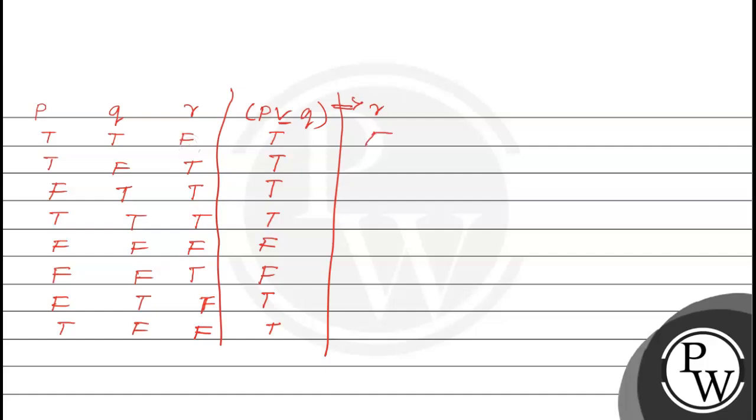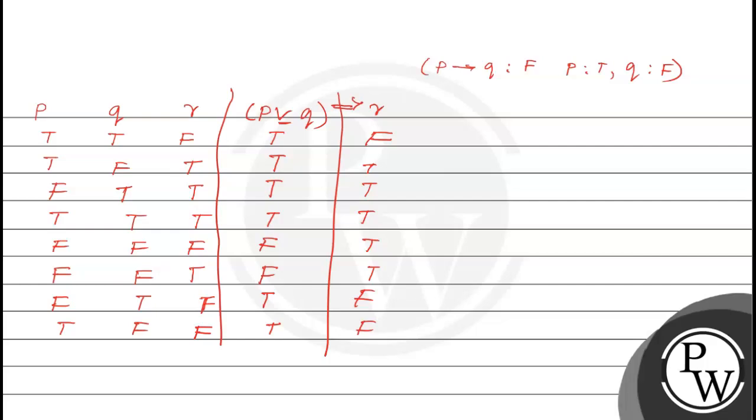So it will be false, false and false. In all remaining cases the truth value will be true. So here we can also write, when we are taking implication, the truth value will be false only when P is true and Q is false. So we have found half of the compound statement's truth value.